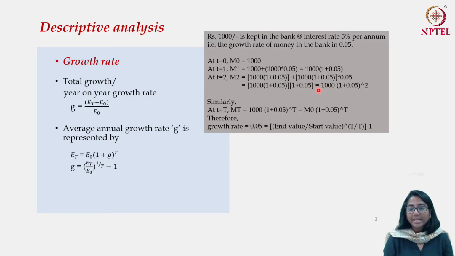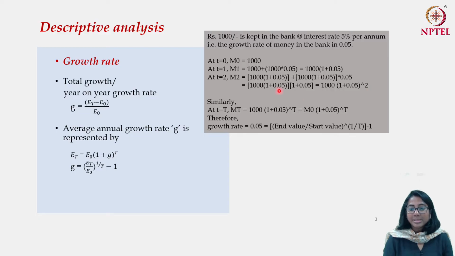So if I simplify it a bit, I can see that at the end of the second year, the amount of money that I have after this 5% compound annual rate of growth is 1000 multiplied by 1 plus 0.05 whole square. So at the end of time period 2, the power of this term 1 plus g is going to be 2.